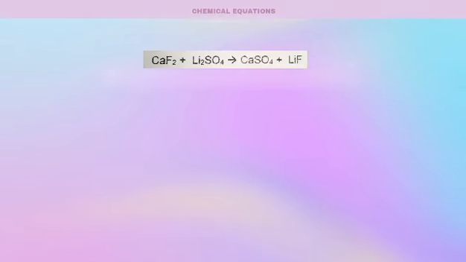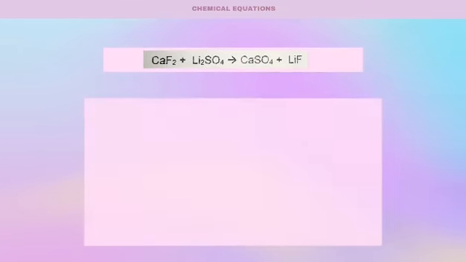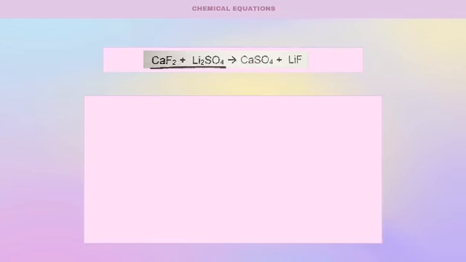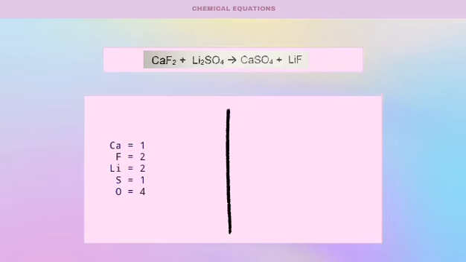For the equation CaF2 plus Li2SO4 equals CaSO4 plus LiF, there are 1 calcium atom and 2 fluorine atoms being added to 2 lithium atoms, 1 sulfur atom, and 4 oxygen atoms, so I will list them under this: Ca equals 1, F equals 2, Li equals 2, S equals 1, O equals 4.